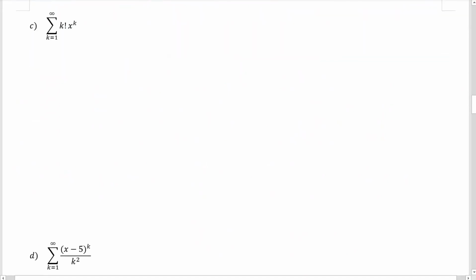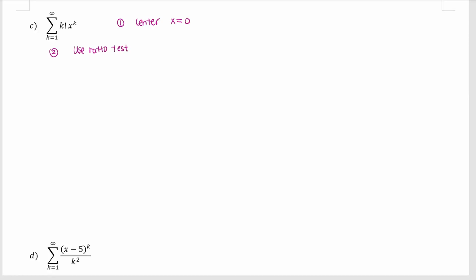Okay, so let's look at part C. First step, what is the center? The center is 0, right? Second step, we use the ratio test. So R is the limit as k goes to infinity of a sub k plus 1 over a sub k.